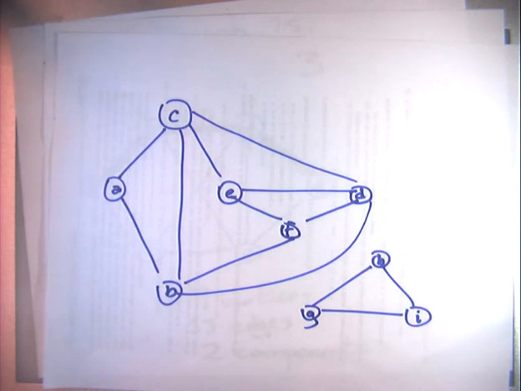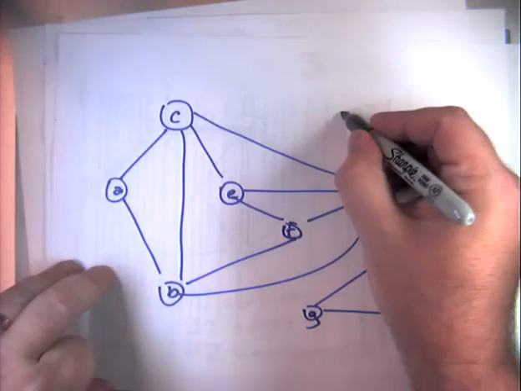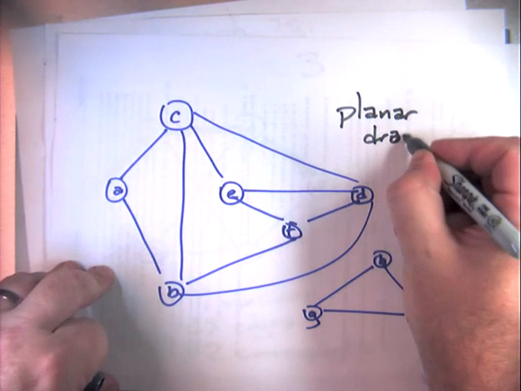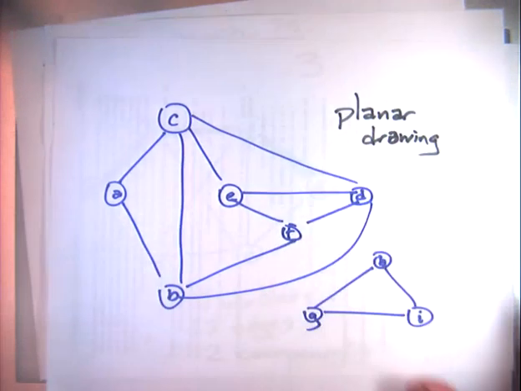So this particular drawing of the graph shows that the graph is planar. This is an adjective that means I can draw it on a piece of paper where the nodes are represented as little circles and the edges are represented as curves that don't intersect. So this is a planar drawing or a planar embedding.